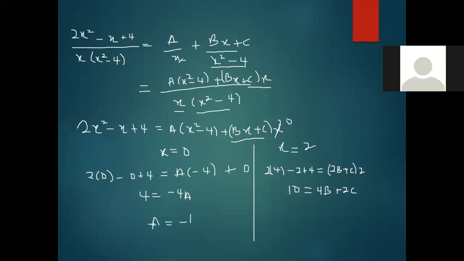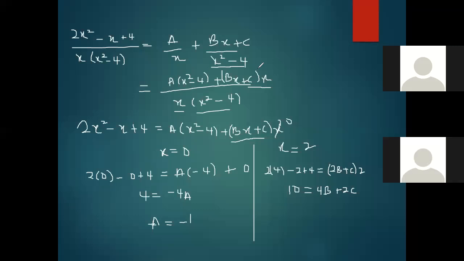Taking the second step, where x is equal to 2, when we set x to 2 we get 2B plus C, and then the x squared there, you put 2 there?